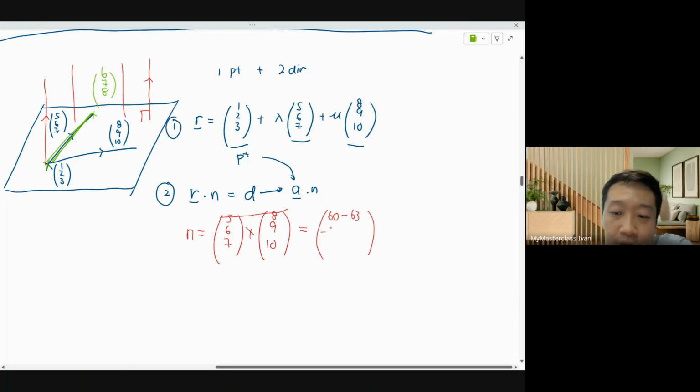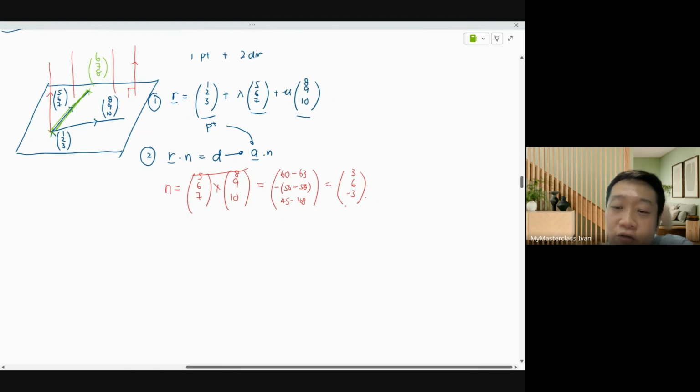Cover the second row, 5 times 10 minus 7 times 8, 50 minus 56. And then cover the third row, downward cross, 45 minus 48. So you will get something like negative 3, 6, and negative 3. Now, always simplify. A normal is again another direction vector. You can say that this is 3 times 1, negative 2, 1. So always use the simplified form of the normal.